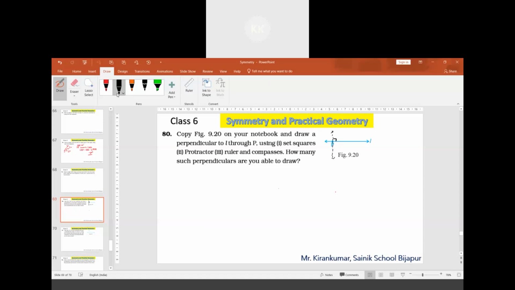At point P, you should have a perpendicular.